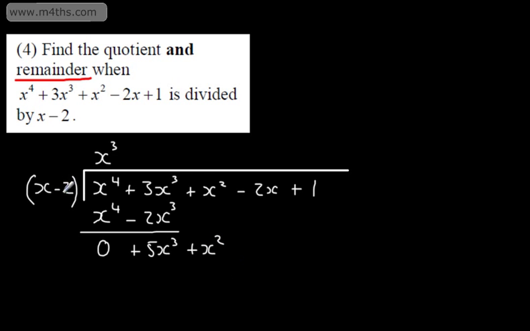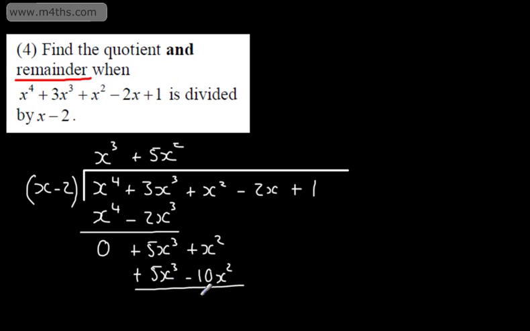Next question, x is into 5x cubed. Well, that's going to go plus 5x squared times, or if you like, what's 5x cubed divided by x? And the answer is 5x squared. Multiplying down, we're going to get plus 5x cubed, then minus 10x squared.